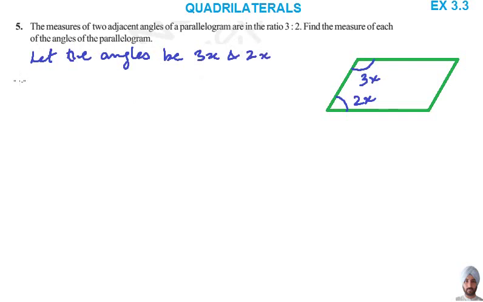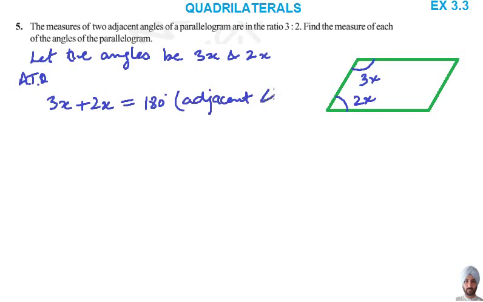Okay, so according to the question, 3x plus 2x should be equal to 180 degrees, for the reason being that these are the adjacent angles of a parallelogram. 3x plus 2x is 5x. This should be equal to 180 degrees.